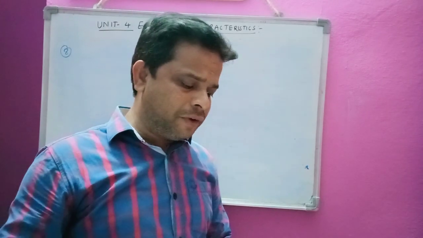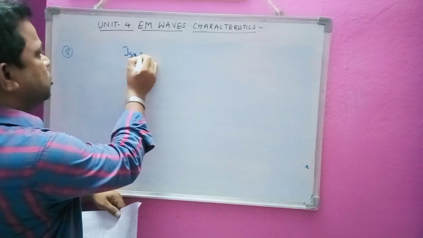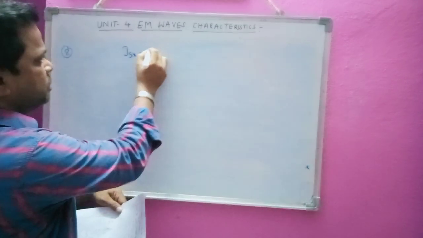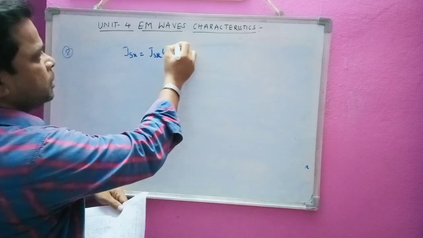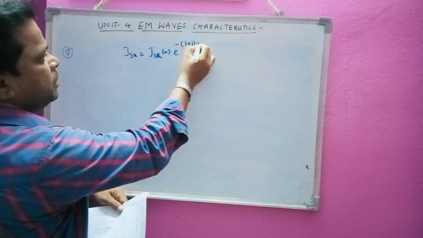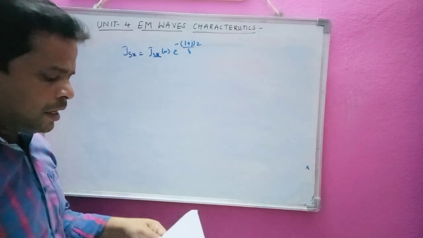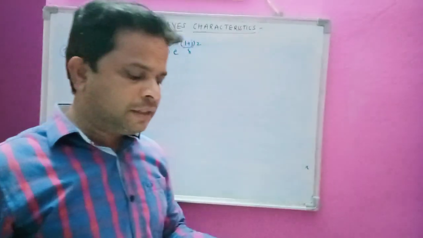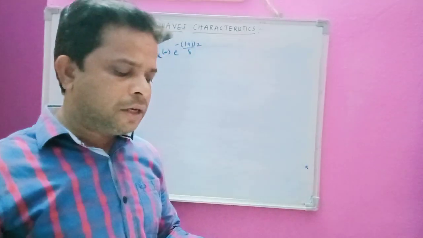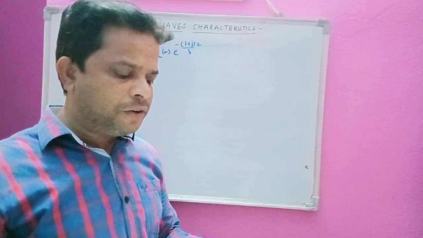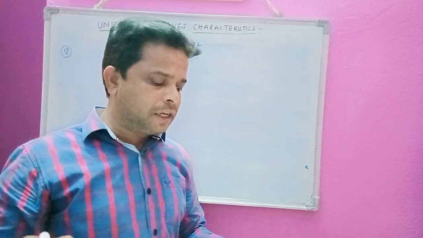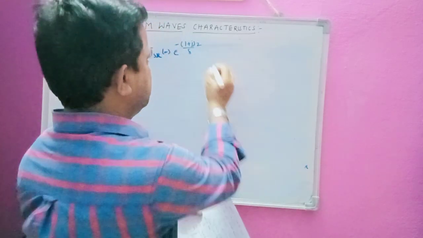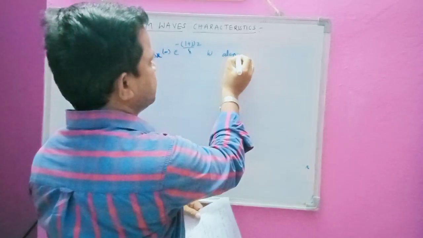He is asking: given the current density Jsx, which is the answer for the given solution, Jsx of 0 e power minus (1 plus j) z by delta, find the magnitude of the total current through a strip of conductor of infinite depth along z and width w along y.